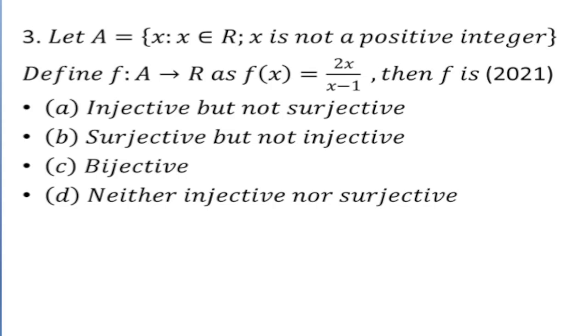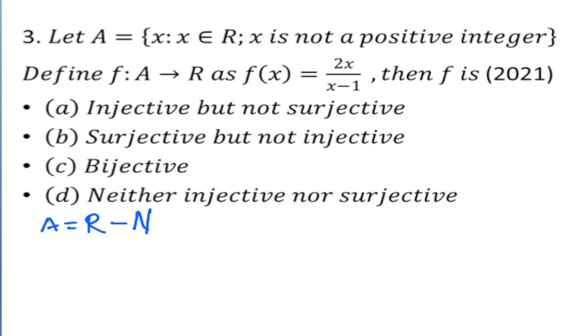But between 1 and 2 there are infinitely many real numbers that we should not exclude from this set. Only natural numbers we have to exclude. Alright, so here the set they are talking about is the set of all real numbers, excluding natural numbers. This is what they have given as set A.